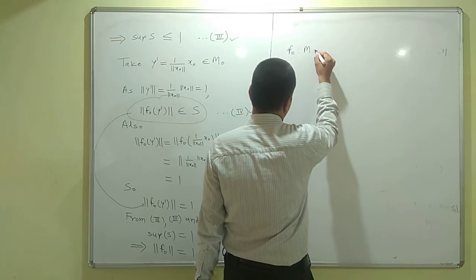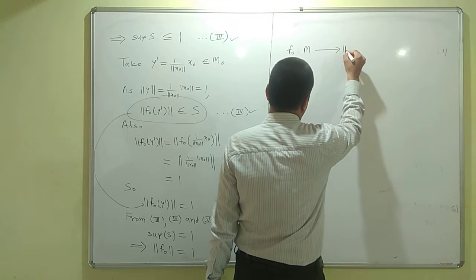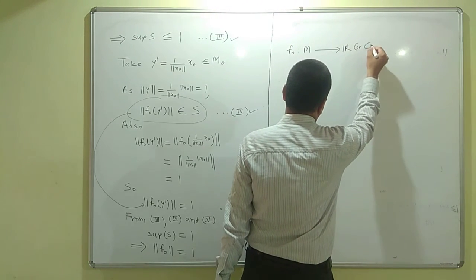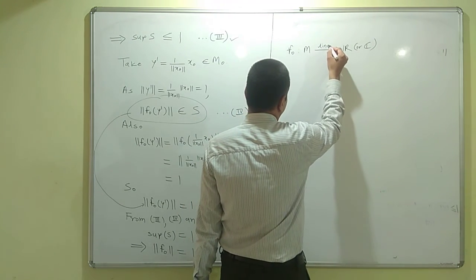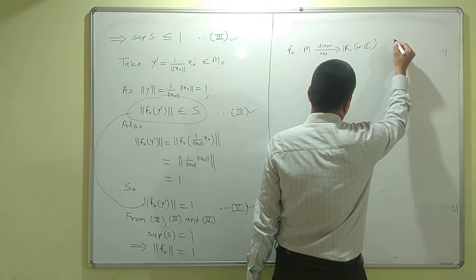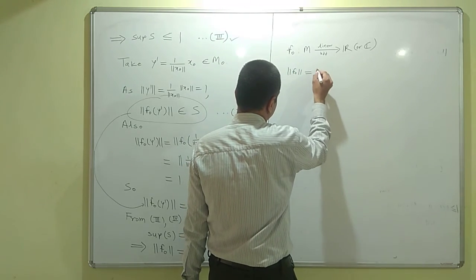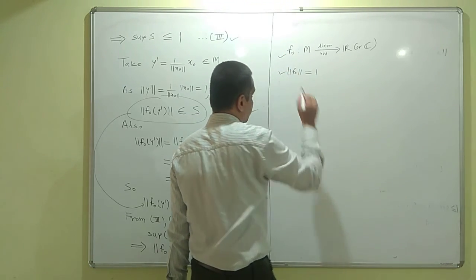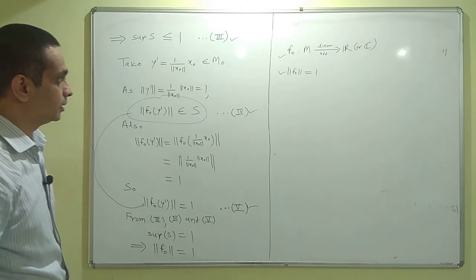What is a functional? A linear and bounded scalar valued function, so R or C, depending on whether N is real or complex. So it is linear and bounded. And further we have proved that norm of f0 equals 1. So far, these three properties we have proved.